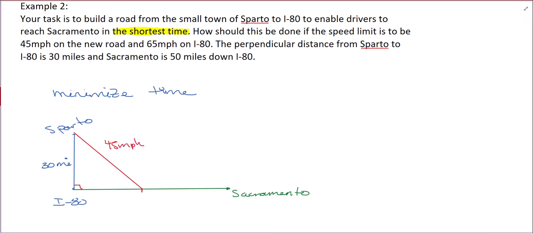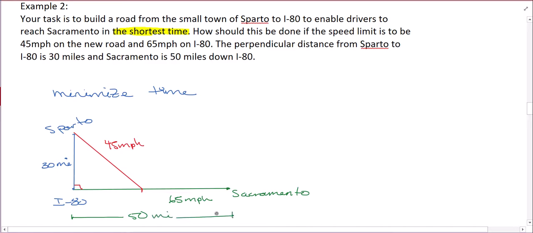And on I-80, we can travel at 65 miles per hour. This is 30 miles over here, and then from I-80 to Sacramento is 50 miles.